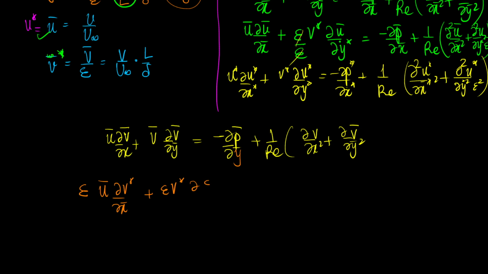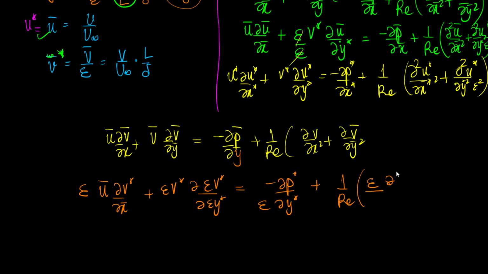This will be del epsilon v star by del epsilon y star is equal to minus del p star upon del y, plus 1 by Re, so this becomes epsilon times del 2 v star upon del x star 2 plus epsilon upon epsilon square del 2 v star upon del y star 2.